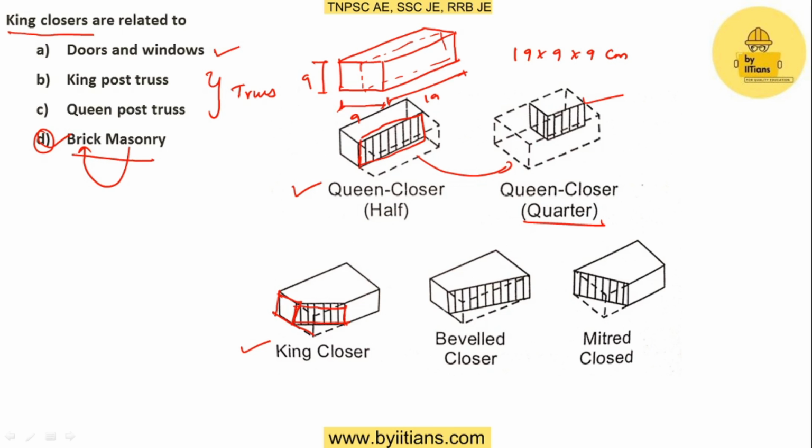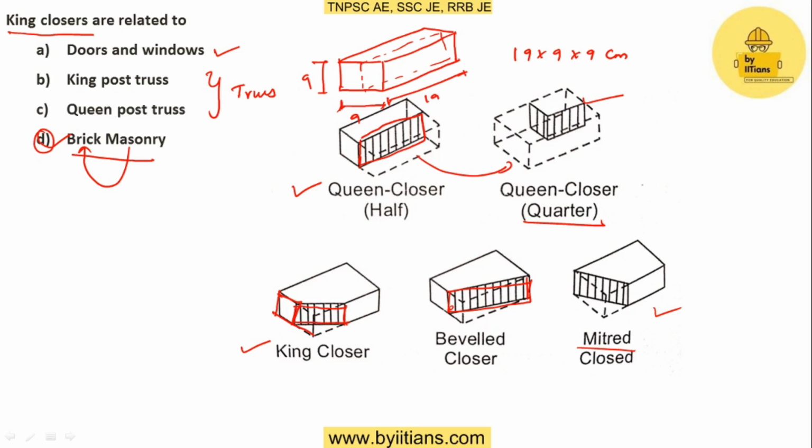Beveled closure is cutting the brick at the midpoint of the breadth direction and joining at the corner. Okay, this is beveled closure. Here the mitre closure will look in this way. So these are the closures which are used in brick masonry for the perfect finish.